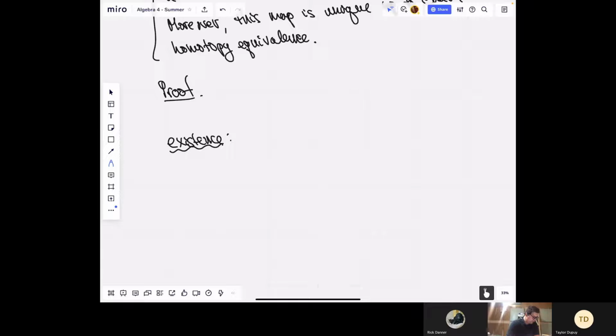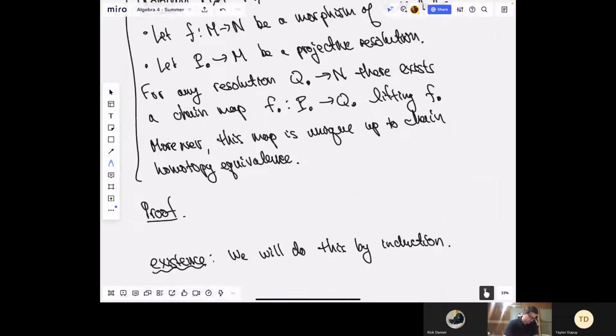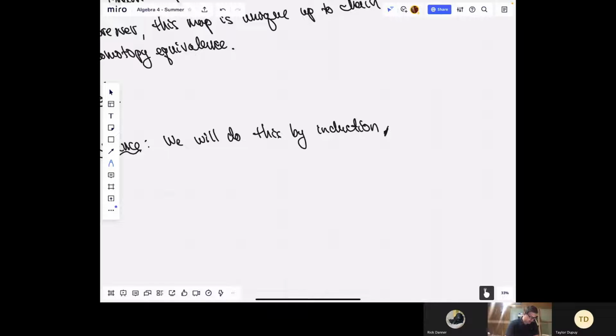Okay, so we will do this by induction on n, and we're going to show that all the maps. So if you have the maps up to a certain point, you can construct the next map.